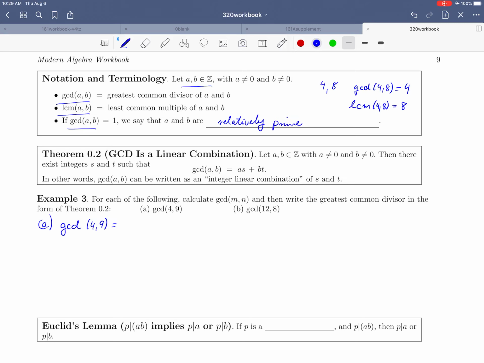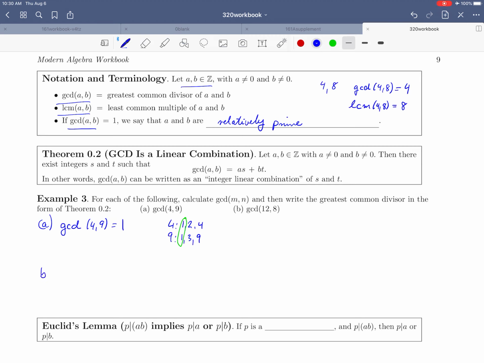The divisors of 4 are 1, 2, and 4, and the divisors of 9 are 1, 3, and 9. They have nothing in common except 1, so the greatest common divisor is just 1.